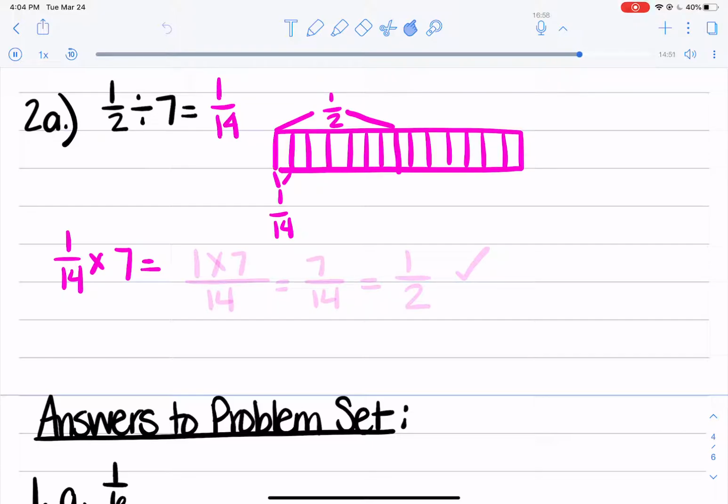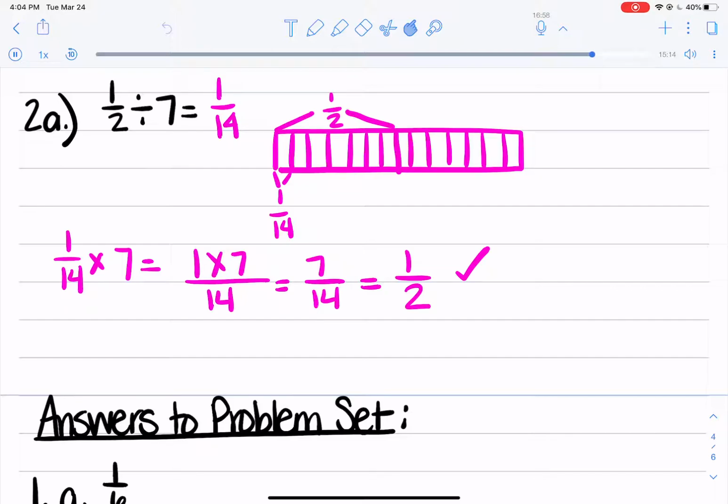So 1 times 7 over 14 equals 7 over 14, and we know we can reduce that to 1/2. So that's checked, and that is correct.